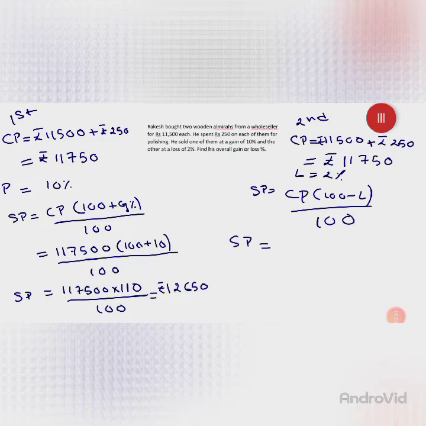Therefore, the selling price will be 11,750 into 100 minus 2%, which is the loss, divided by 100.